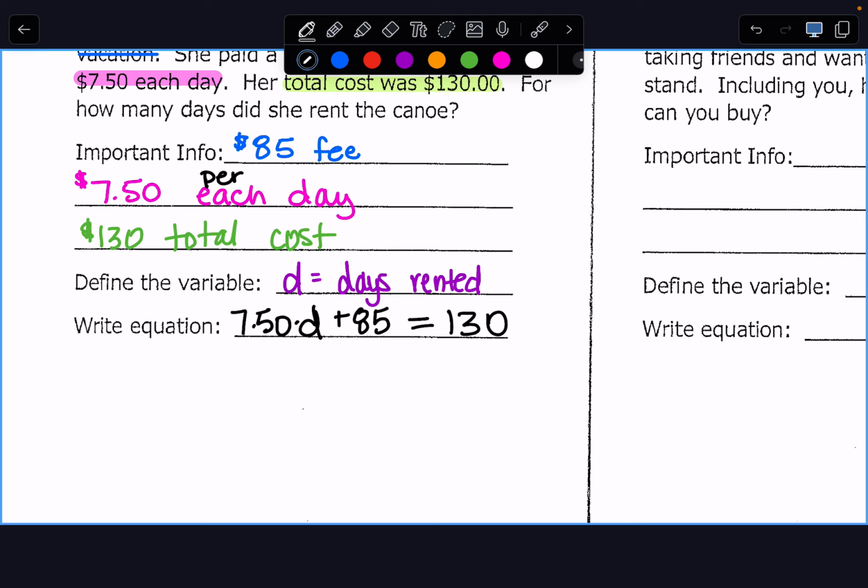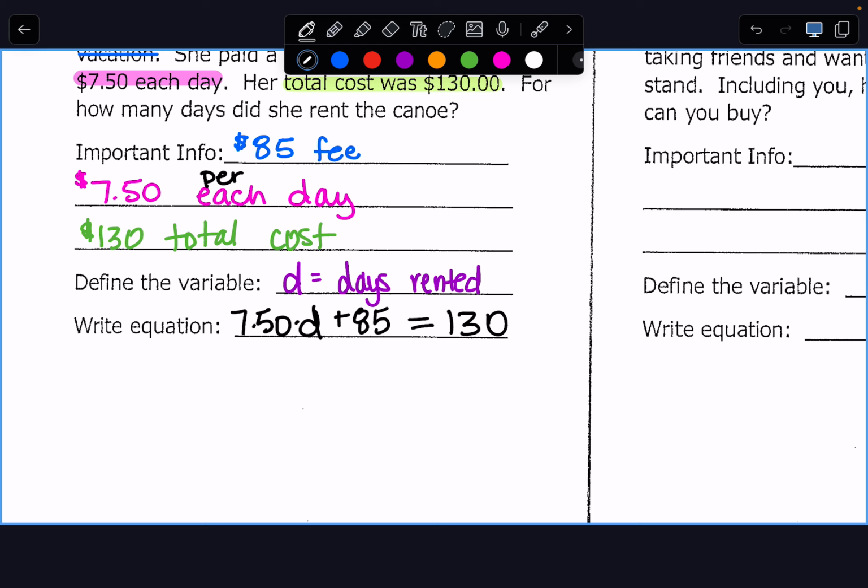What's 130 minus 85? 45? Okay, so now we still have 7.50 times D equals 45.